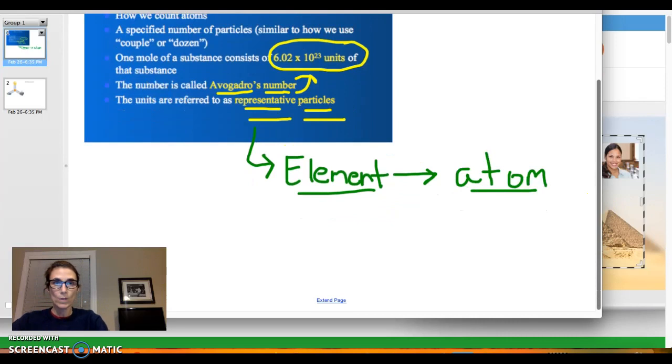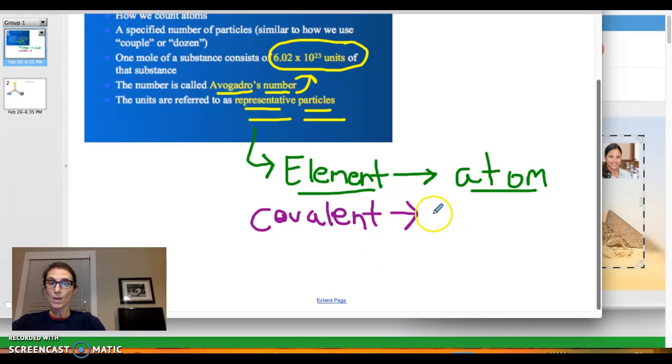If we were talking about a covalent compound, which we know is also called a molecular compound, then the representative particle for a covalent compound is simply a molecule.